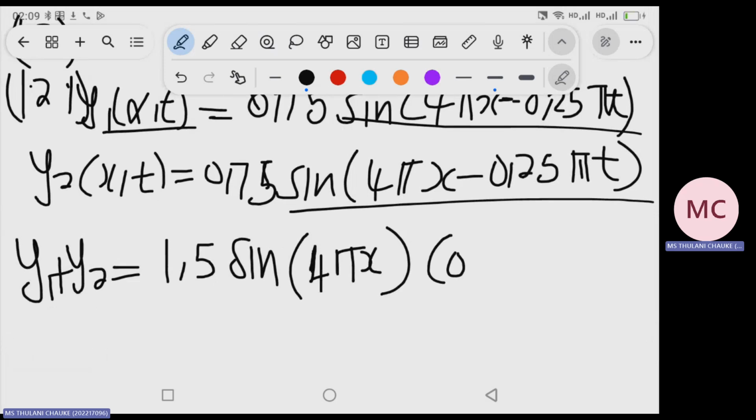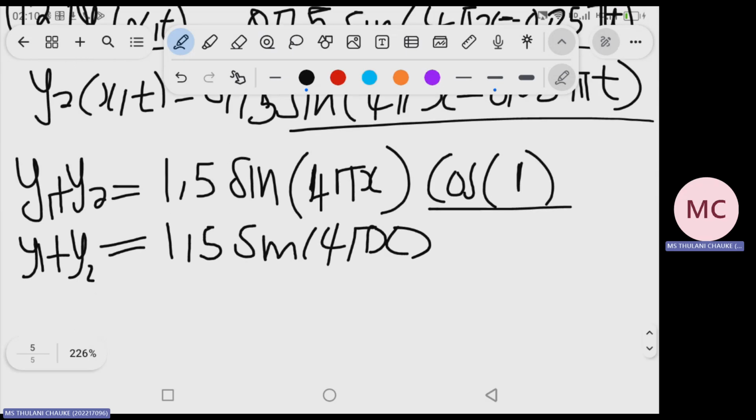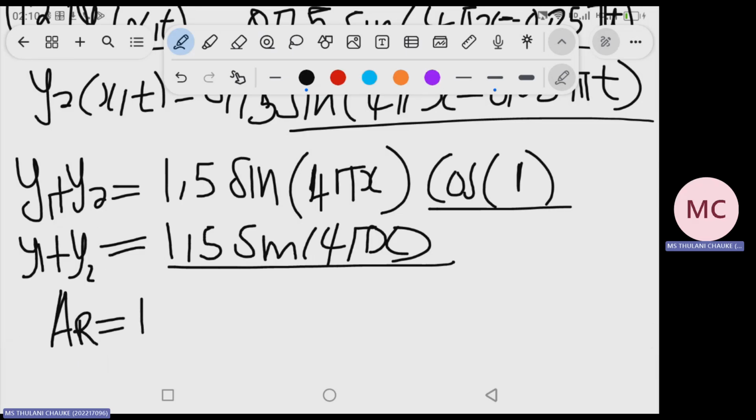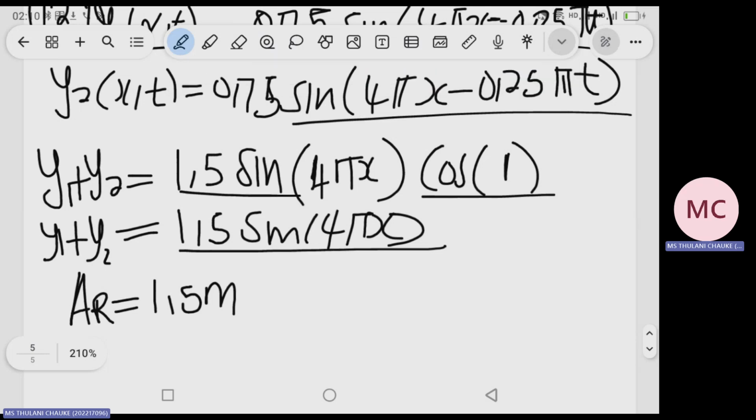And the part for cosine gave me 1 when I was doing it. So we know that we'll have y1 plus y2 as 1.5 sine of 4 pi x. Yes, we will end up having this, meaning that our resultant amplitude is 1.5 meters. So this is how I got this one.